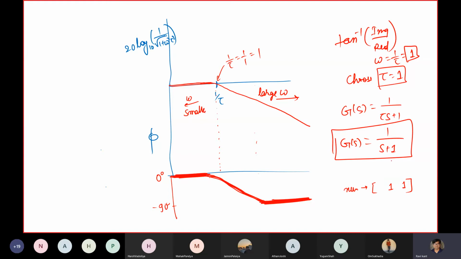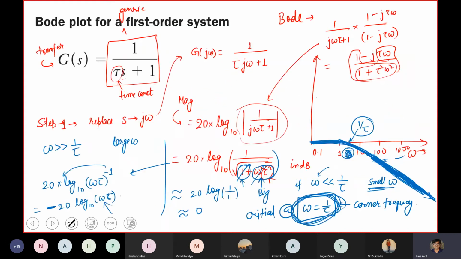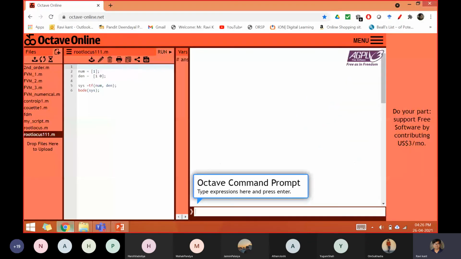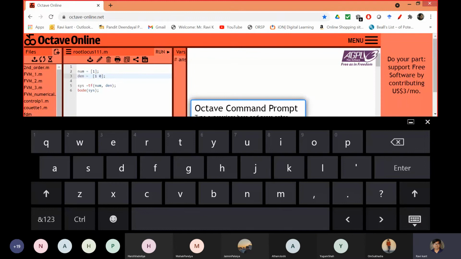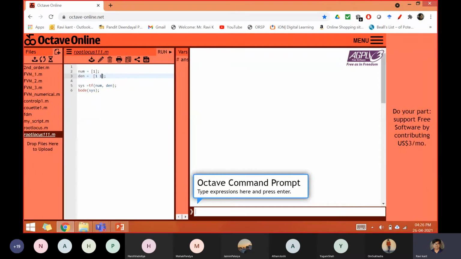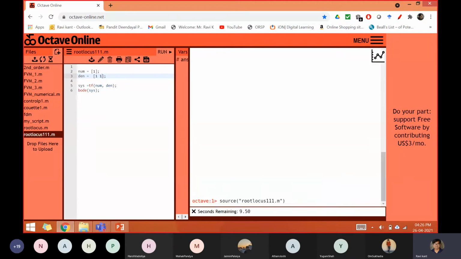The s to the power 0 coefficient is 1, and the s to the power 1 coefficient is 1. So 1 and 1. Fine. And the numerator is 1. So I will change this over here with 1. Okay, and the rest of the things are similar. I'll just save it and let's run this and see what happens.